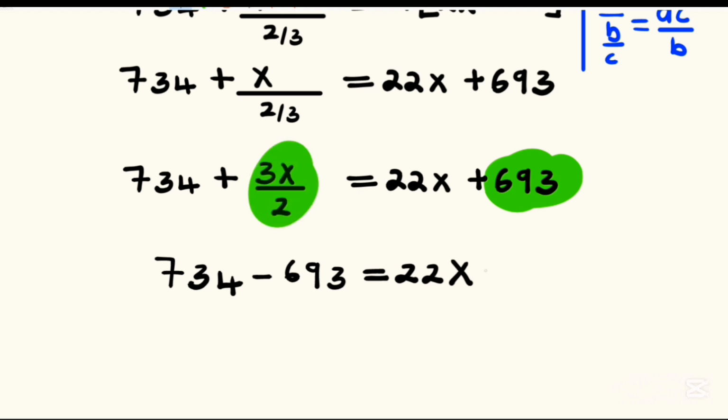It will change sign to negative 3x divided by 2. 734 minus 693 is equal to 41. And 22 minus 3 over 2 is equal to 41 divided by 2, which in decimal form is equal to 20,5, which we multiply with the x.